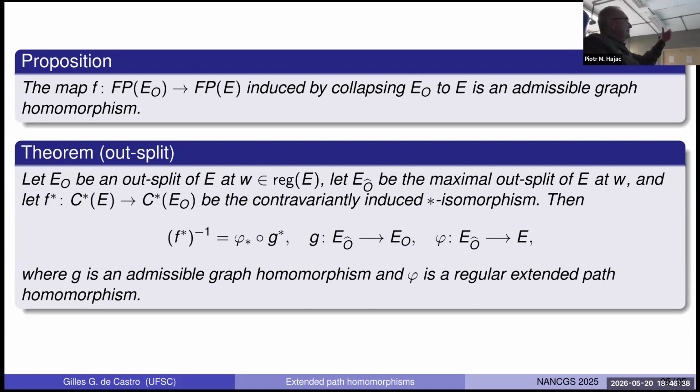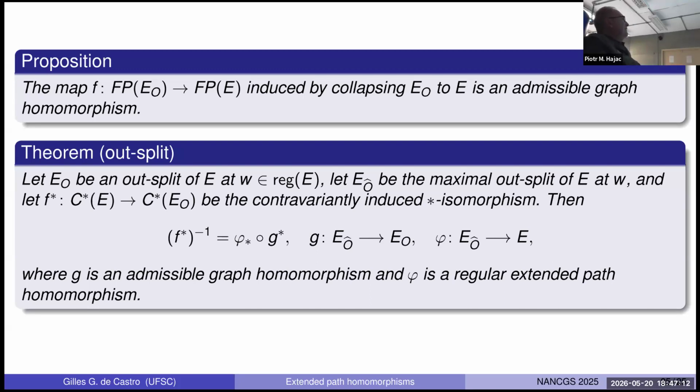And again, in much the same spirit, we say that absolutely any shift move can be implemented by a path homomorphism. However, to get the inverse, again, we have to have a certain assumption. For instance, we must not allow loops emitted at the regular vertex at which you do a shift. And if there is no such loop, then we can write the inverse morphism using some magic with contravariant induction and an extended path homomorphism.